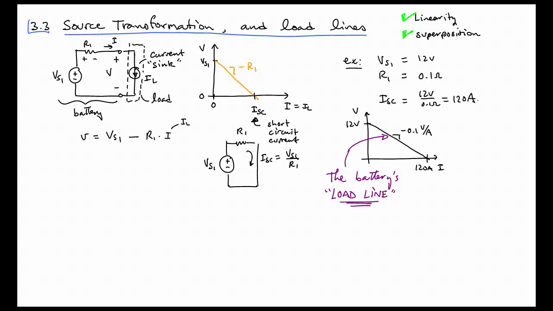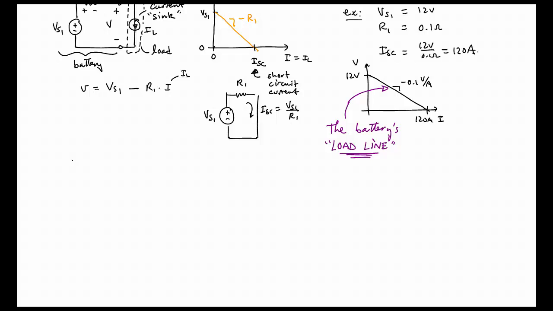Let me draw another circuit. This time it's going to be a current source. I'll call it IS2, and we'll have a resistor R2, and again we're going to connect a load.